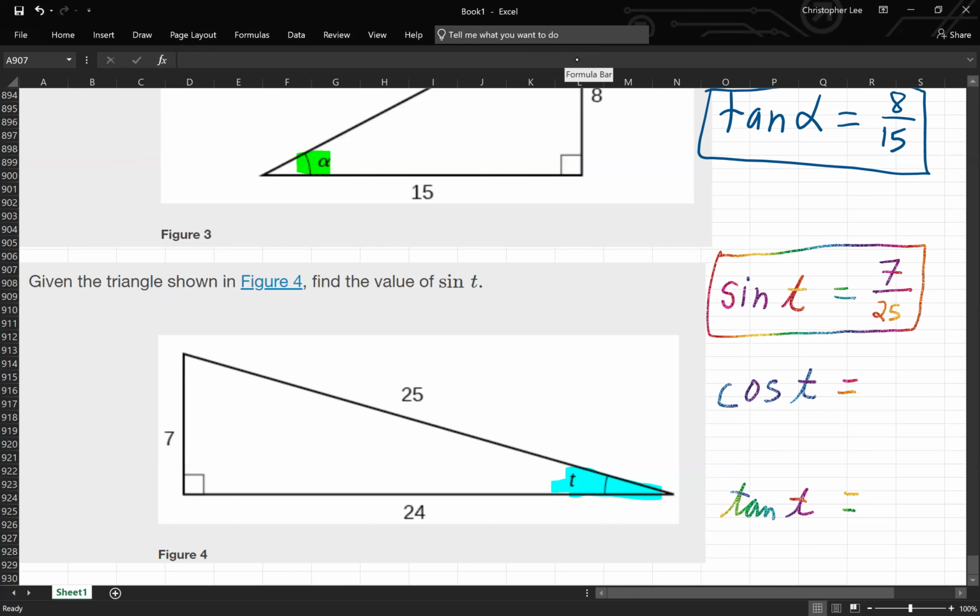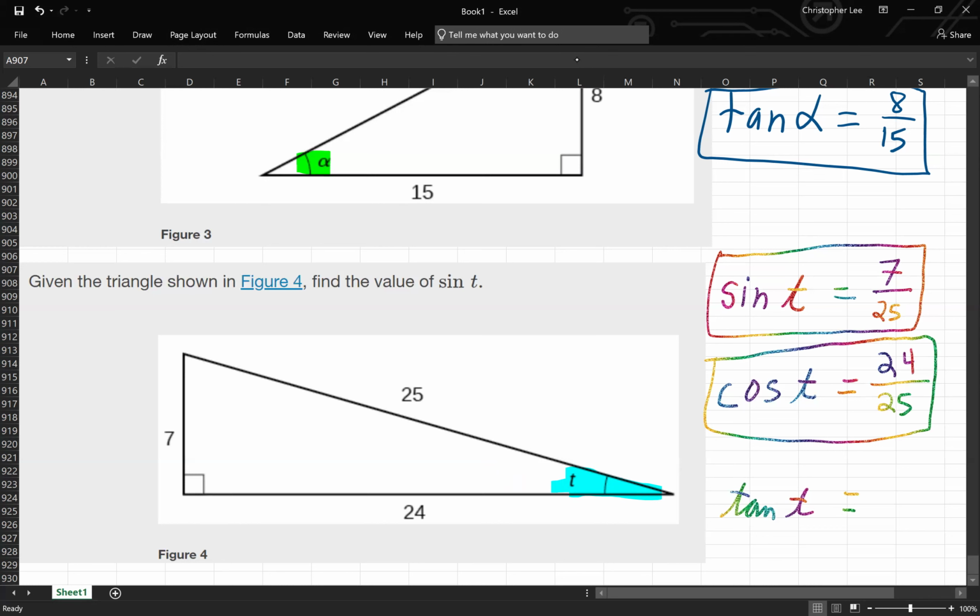How about cosine? Cosine is going to be my adjacent. Remember, adjacent means next to. This is going to be my adjacent over my hypotenuse. That's my cosine. That's over 25. Now my tan.